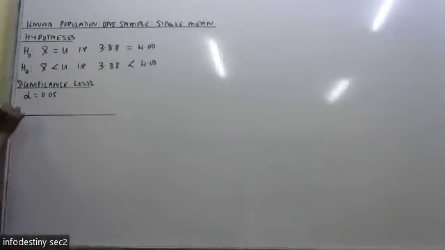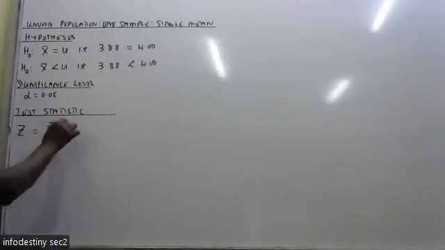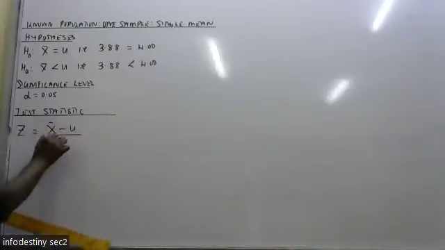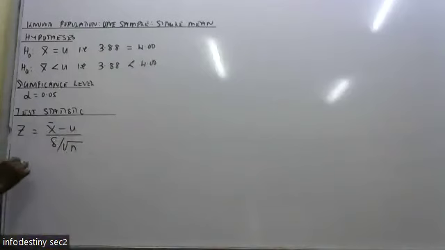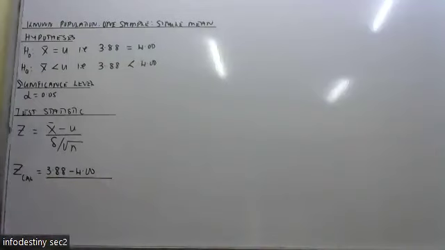Test statistic. We have Z is equal to X bar minus mu, divided by standard deviation, divided by the root of n. So Z calculated is X bar 3.88 minus mu, which is 4.00, divided by standard deviation, which is 0.20, and the sample size is 25.